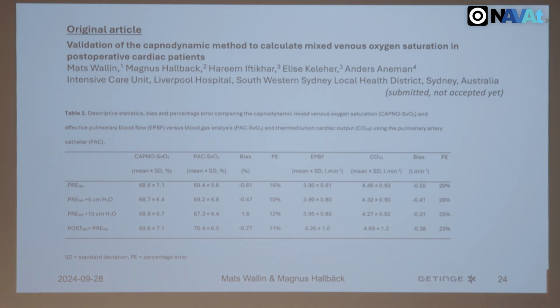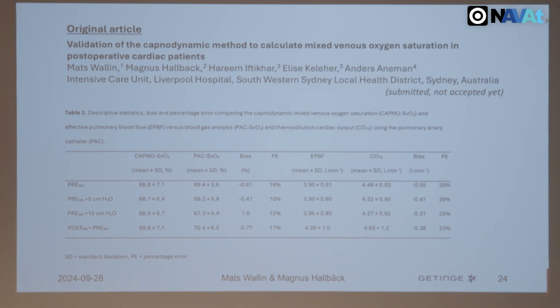So the reason we have better percentage error and agreement is that we really compare exactly the same thing, and also that the blood gas analyzer has a better inherent precision compared to thermodilution, which is always about 10%.